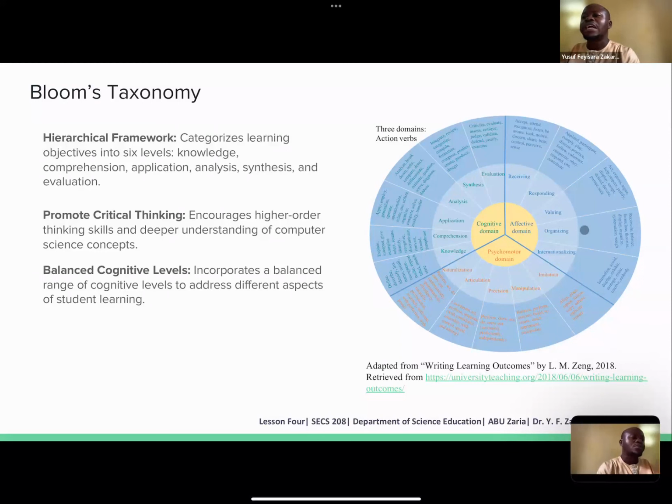The last domain of knowledge is the psychomotor domain, and it also has some levels. The lowest level is imitation, followed by manipulation, followed by precision, followed by articulation, and the highest level is naturalization, where the knowledge now comes to you naturally. Just like you speak your language, it comes naturally from your mouth.